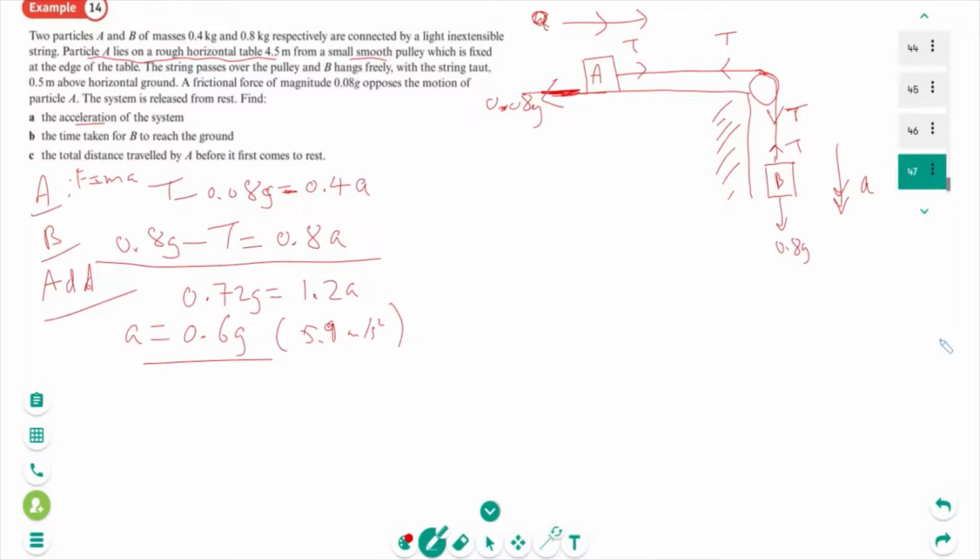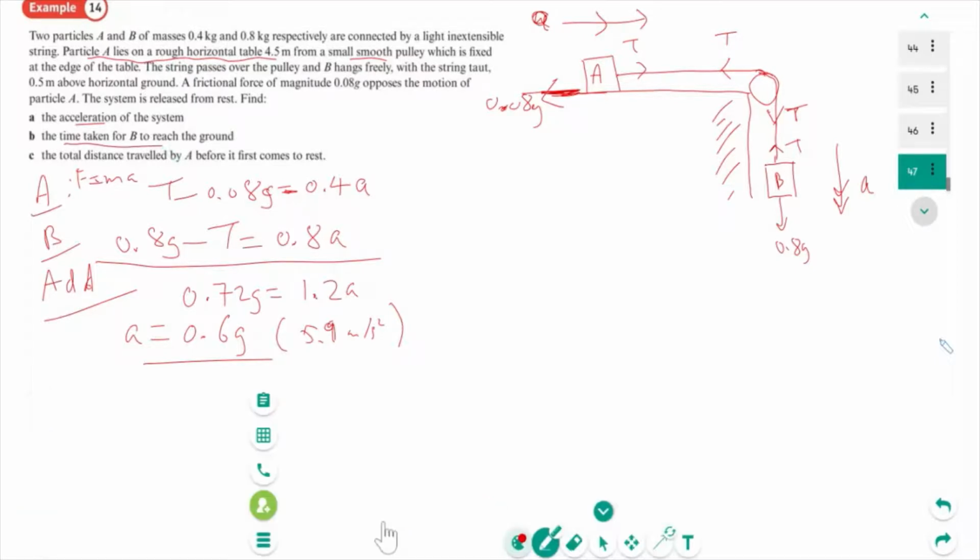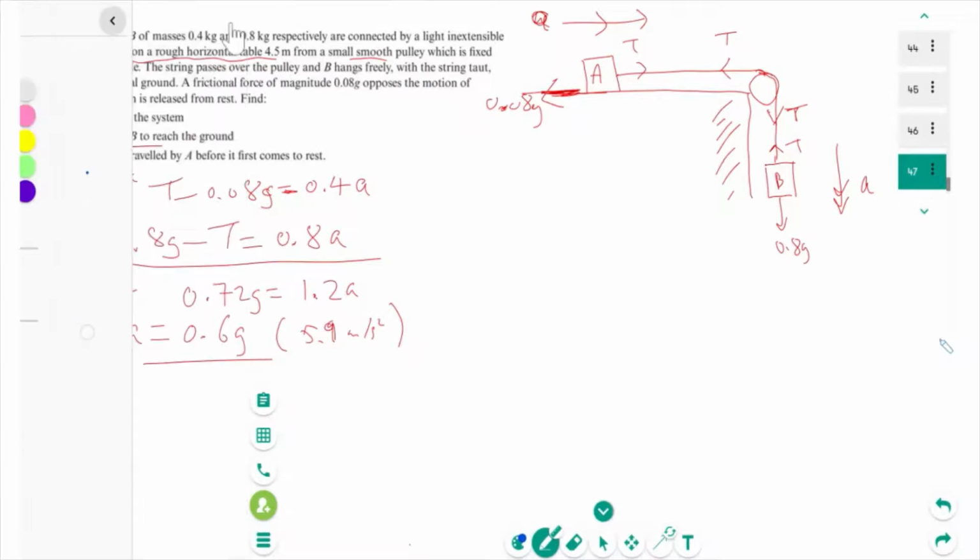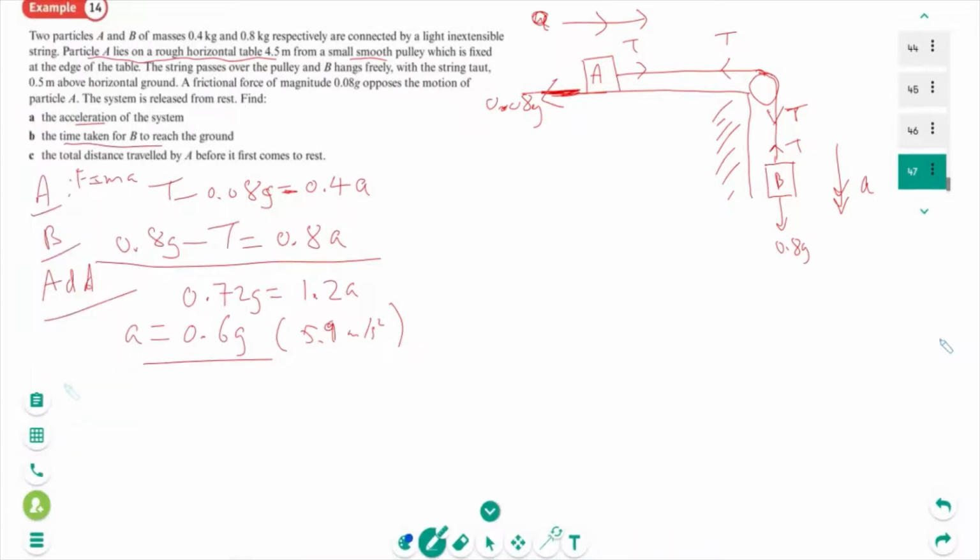Next bit sounds like SUVAT. Time taken to reach the ground for particle B. So now you've got to think about some kind of SUVAT for particle B. Remember you're told particle B is 0.5 meters above the ground. S equals 0.5.